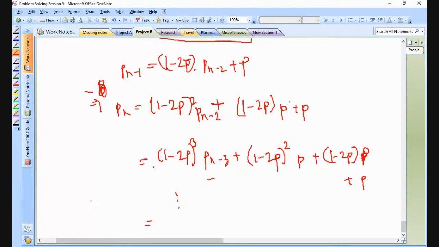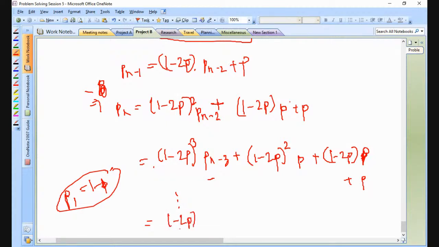So what do we know? P1 means out of 1 toss, we have an even number of successes. That is 0 successes out of 1 toss, which is 1 minus P. So we will use the base case, the boundary condition.